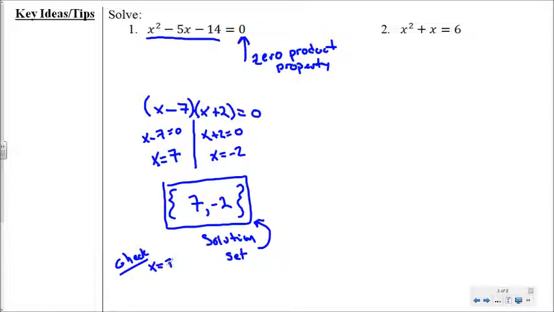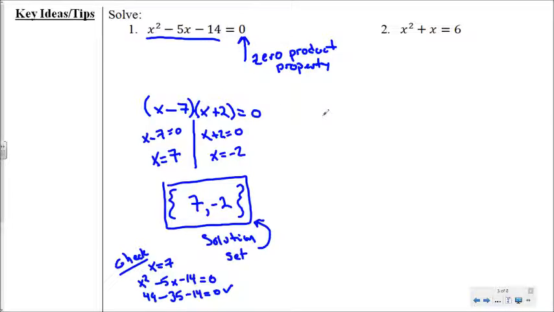When x is equal to 7, I plug it into x squared minus 5x minus 14 and I get 49, which is 7 squared, minus 35 minus 14 equals 0. Well, 49 minus 35 is 14, minus 14 is in fact 0. And if we did this for negative 2 as well, it would also hold up. So what it means to be part of the solution is that it satisfies the equation.